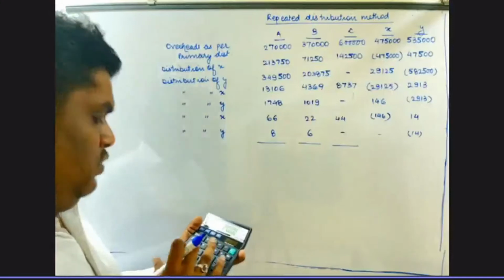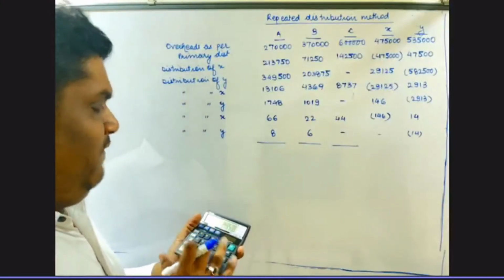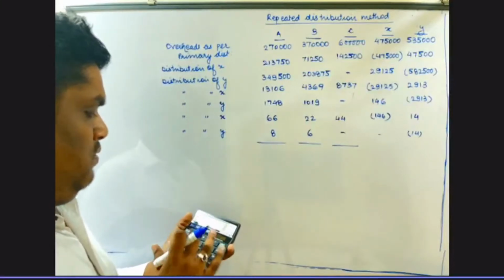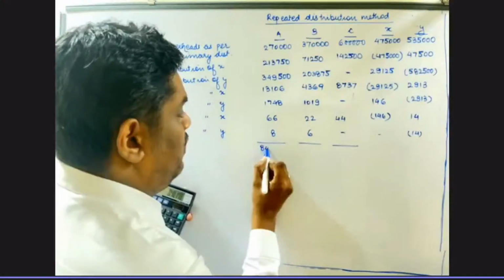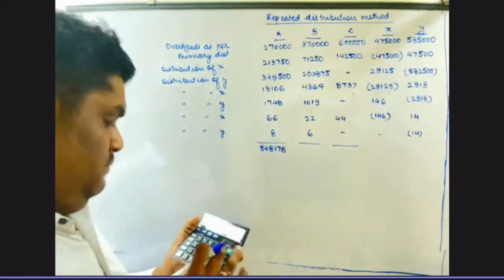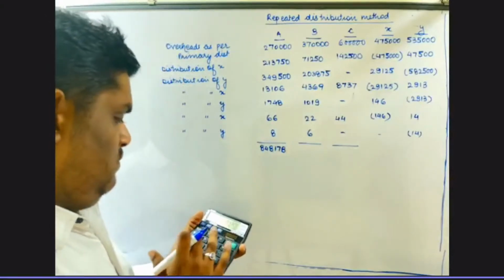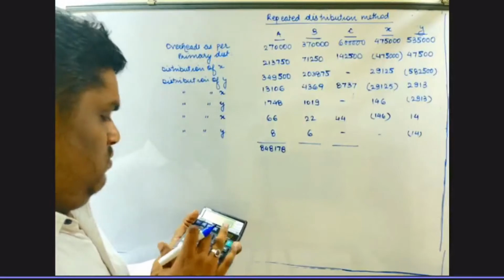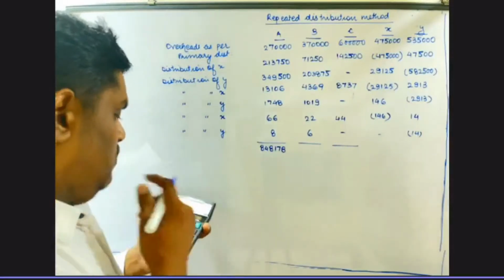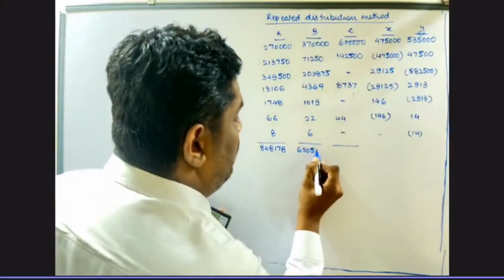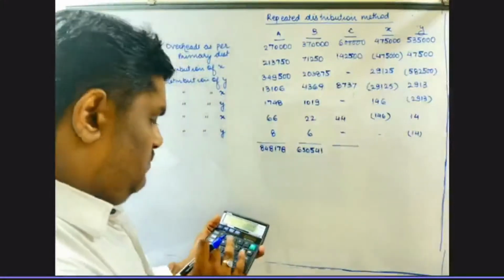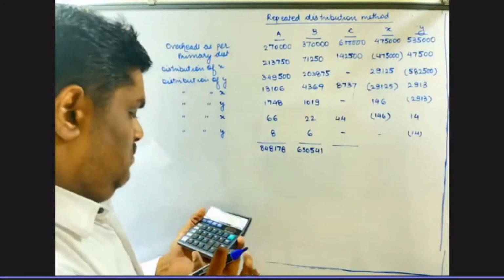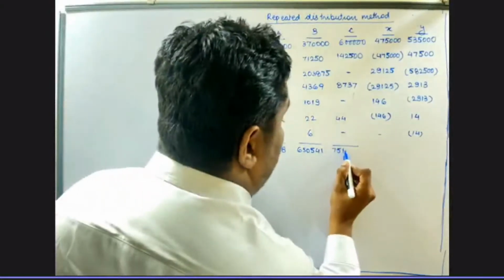So the totals are 848,178, 650,541, and 751,281.